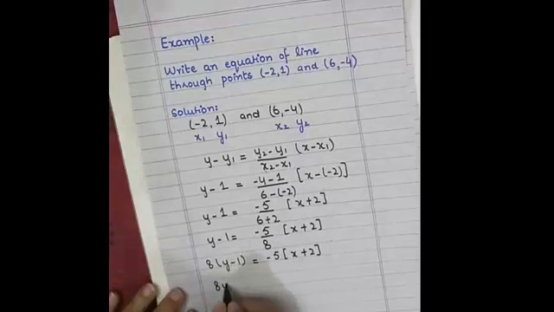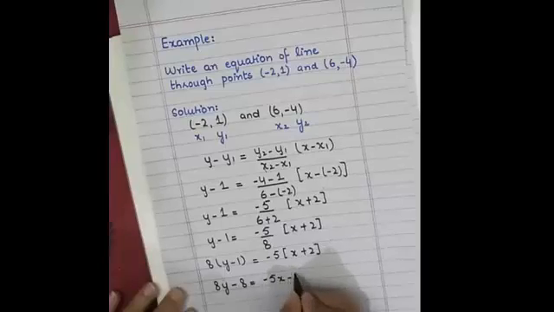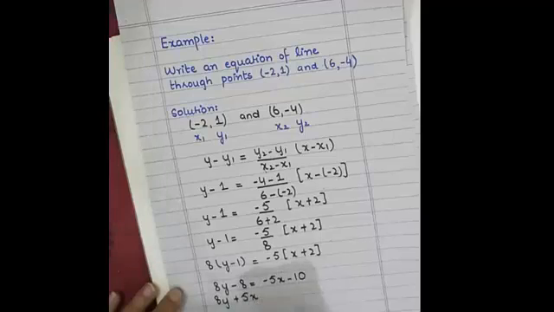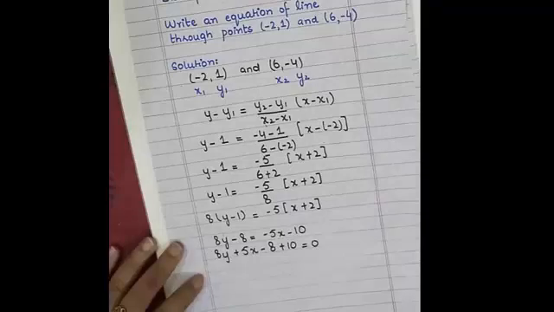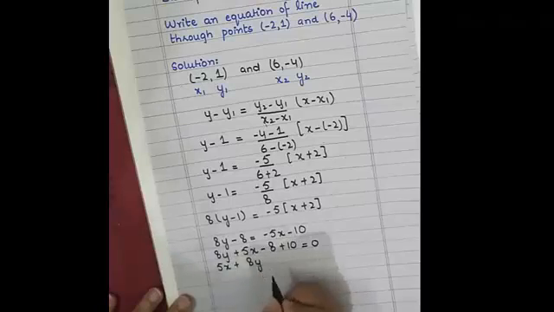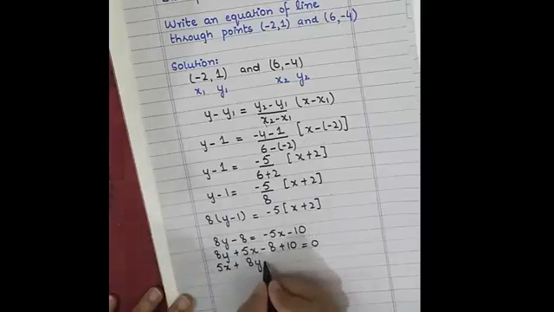This is 8y minus 8 equals minus 5x minus 10. Taking minus 5x to the other side and making it positive, this is 8y, and minus 8 plus 10. The sign is changed because of the migration to the other side. So this is 5x plus 8y equals 10 minus 8, which is 2.